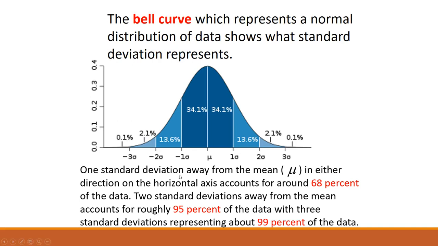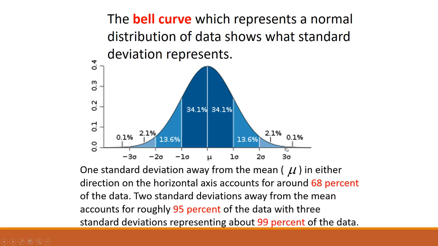Basically, we can look at this and we can see, okay, in the space between -1 standard deviation and +1 standard deviation, around 68% of your data falls between -1 and +1 standard deviation. 95% of the data falls between -2 and 2. 99% of the data falls between -3 and +3 standard deviations.